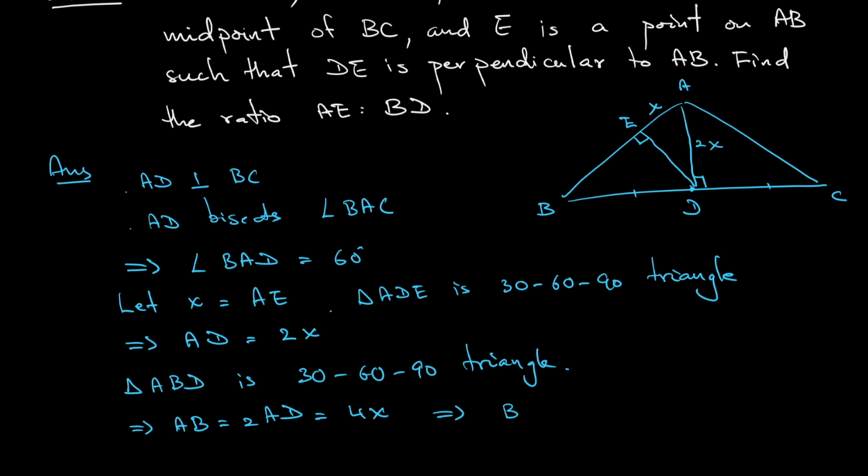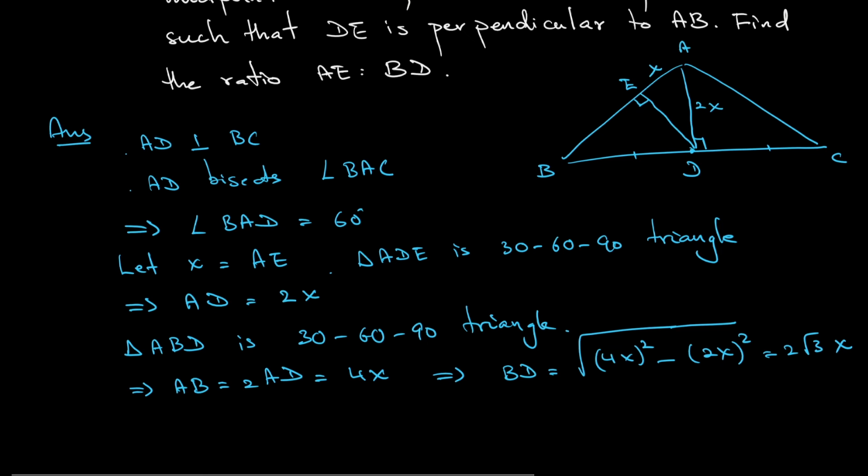That means that BD can be found by Pythagoras. Okay, square root of AB squared, so 4x squared, minus AD squared, which is 2x squared. You can try this out. It will be 2 root 3 x. Okay, because it's 12. 12 is equal to 4 multiplied by 3, and 4 can come out of the square root, it will become 2, and 3 is still stuck under the square root.